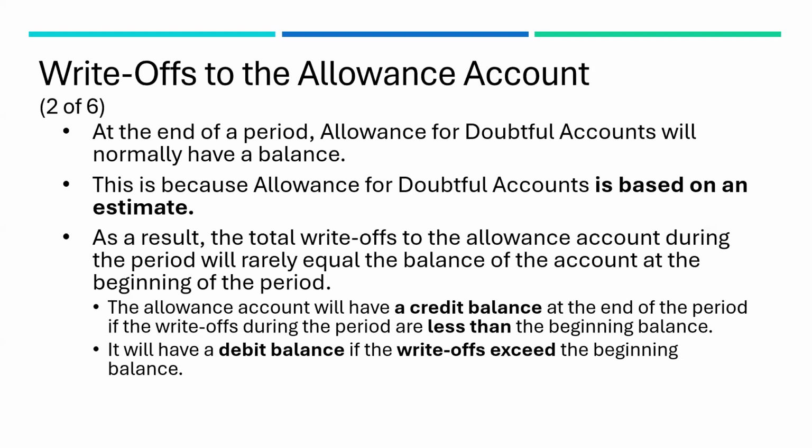With accounting estimates, we do the best that we can at the time, but if we were wrong, there's no going back and restating. We just have to correct it and make sure that our accounts receivable are presented fairly going forward.